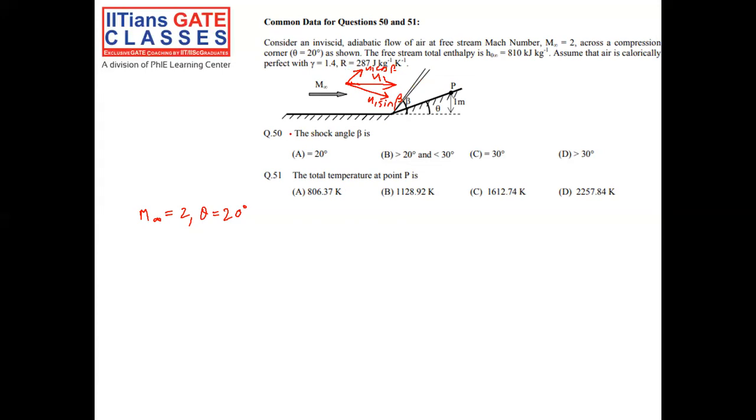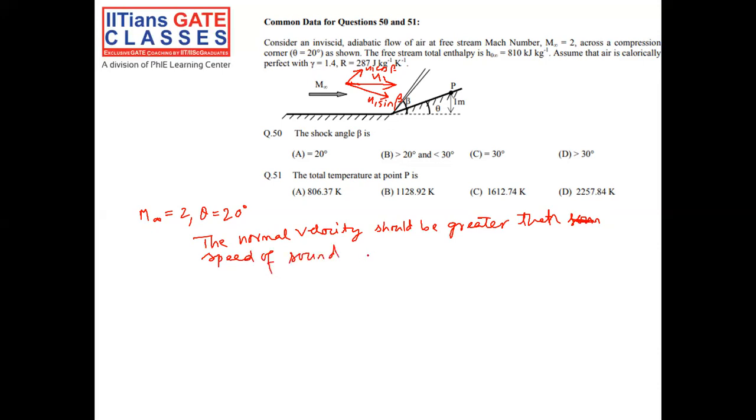So the normal velocity would be greater than the speed of sound for an oblique shock to exist.